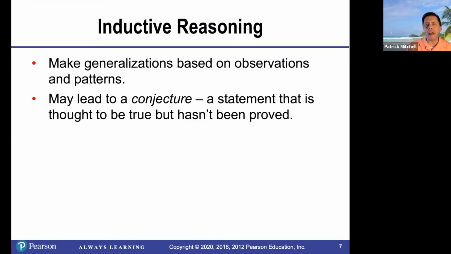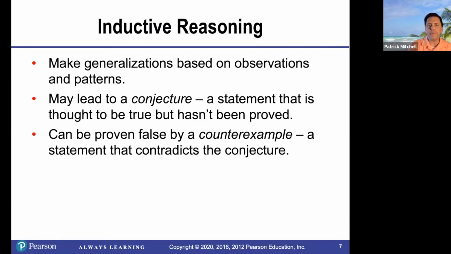So it's sort of a theory, hasn't been proven, a statement that is thought to be true but hasn't been proved. And a conjecture can be proven false by what's called a counterexample. And that's a statement that contradicts the conjecture.